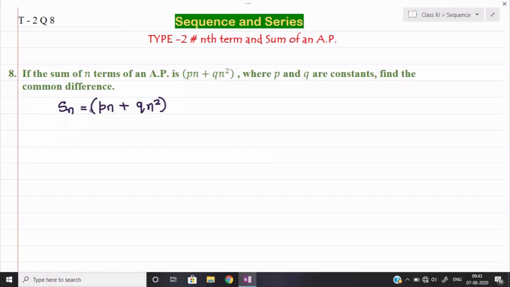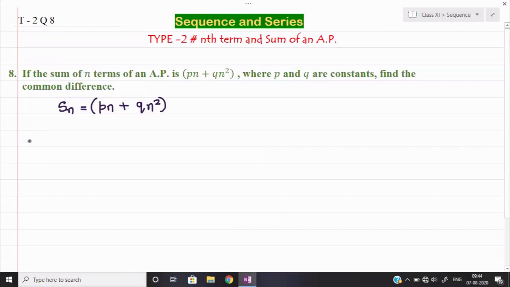Sum of one term means, if we apply common sense, it is the first term only. Then if I get S2, I will get the sum up to two terms, and if I put n equal to 3, I will get the sum of 3 terms. So let us proceed in the similar manner.